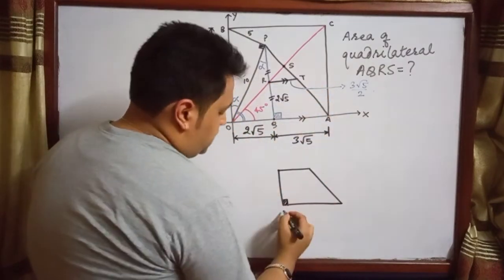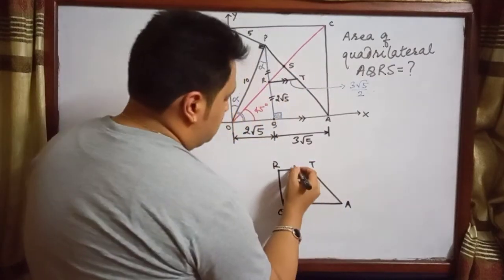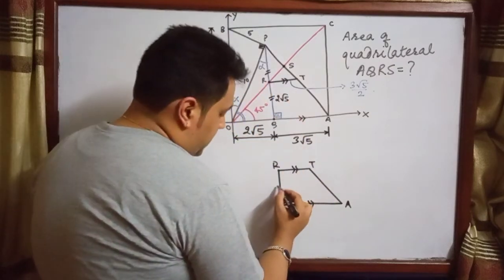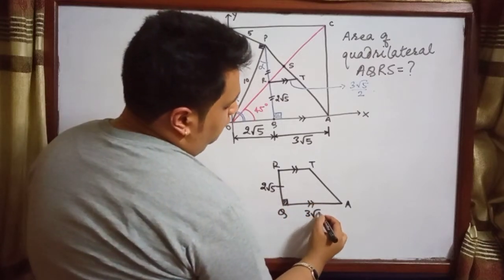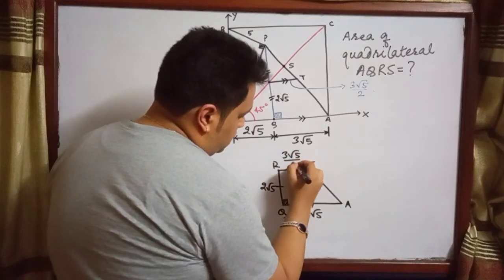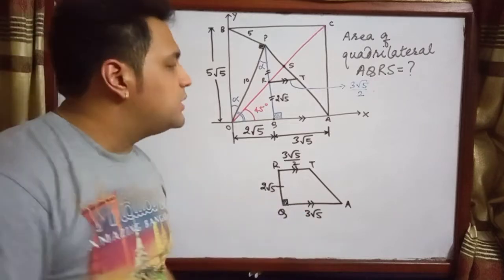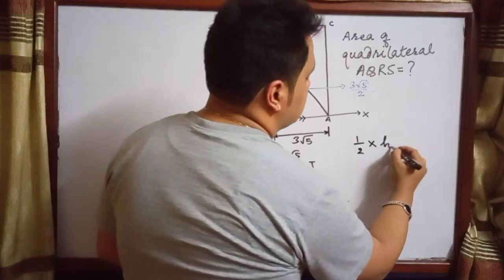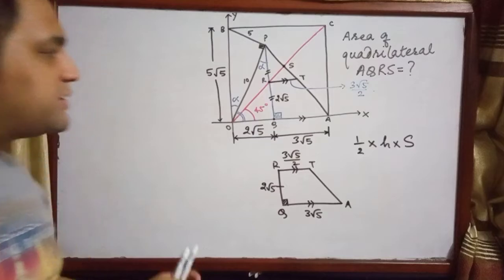This is Q, this is R, this is T, and this is A. These two sides are parallel, and this length is 2 root 5. This is 3 root 5, and this is half of 3 root 5, which means 3 root 5 by 2. We know that the area of a trapezium is given by 1 by 2 times the height into the sum of parallel sides.